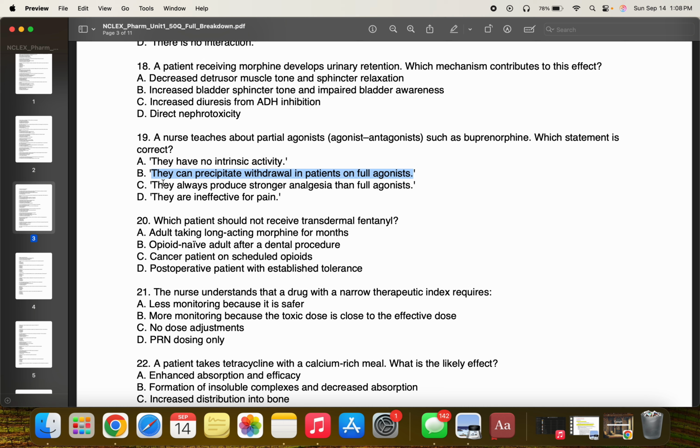So basically, it can cause withdrawal. If you take it with morphine, it is going to knock the morphine out of that receptor and put itself in there or block it, and you're going to start being like, oh my God, where'd the morphine go? So it's kind of like naloxone, but it still has its own effects.